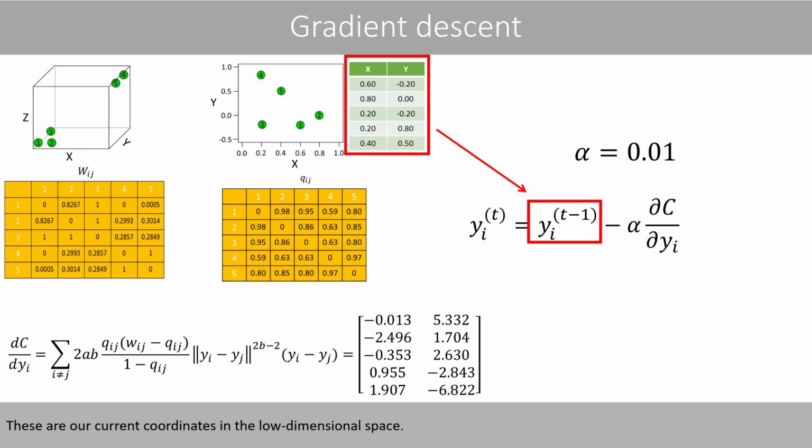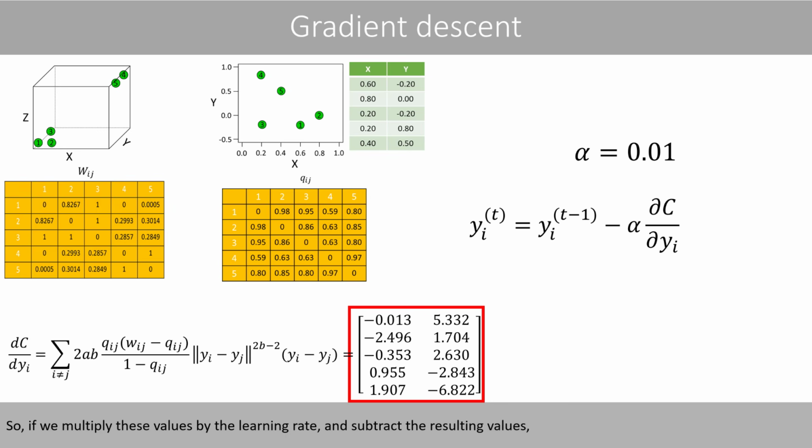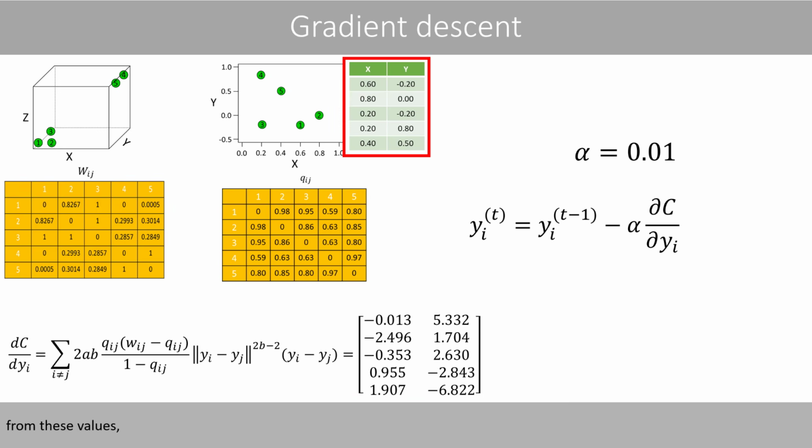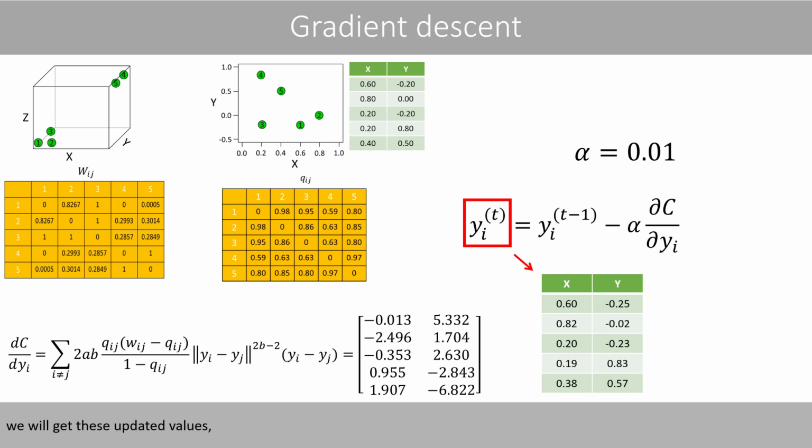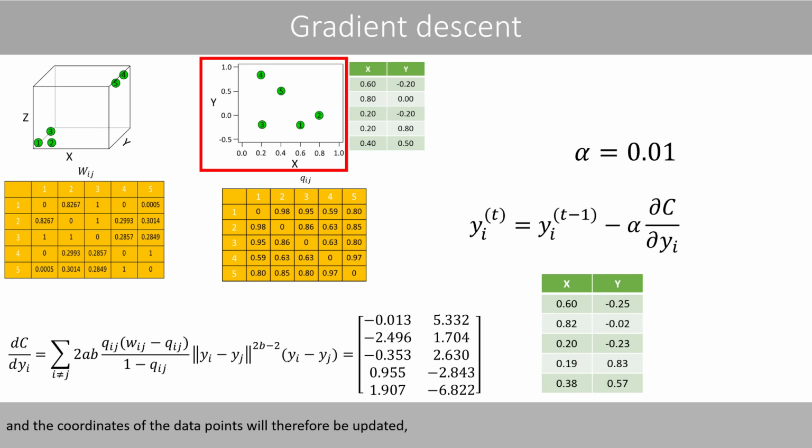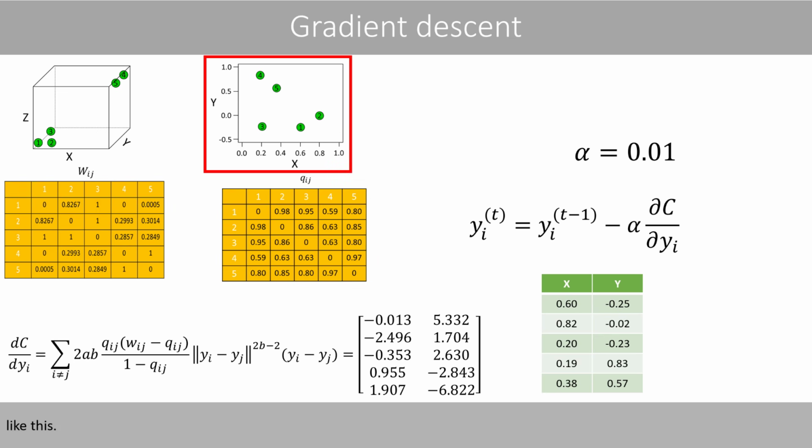These are our current coordinates in the low-dimensional space. So, if we multiply these values by the learning rate and subtract the resulting values from these values, we'll get these updated values. And the coordinates of the data points will therefore be updated like this.